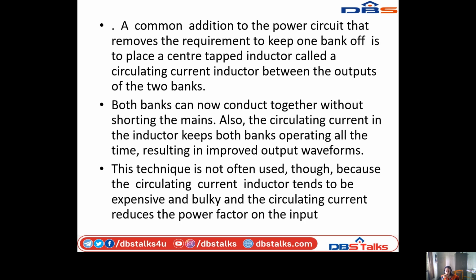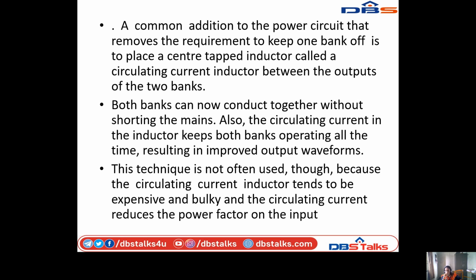Both banks can now conduct together without shorting the mains. Also, the circulating current in the inductor keeps both banks operating all the time, resulting in improved output waveforms. This technique is not often used, though, because the circulating current inductor tends to be expensive and bulky, and the circulating current reduces the power factor on the input.